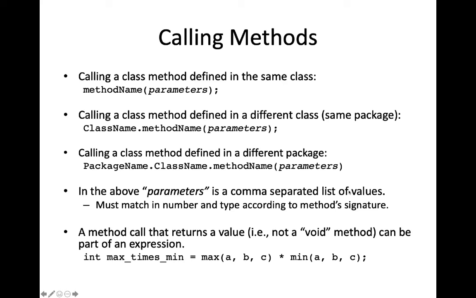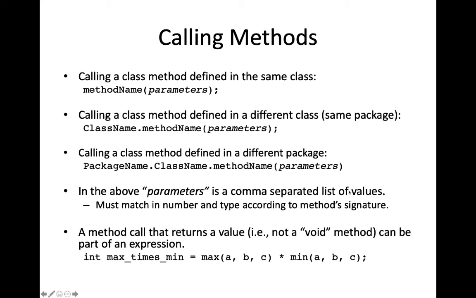So in other words, I have to say the class where that method exists, dot, then the method name, and now I can call that method, right? We've seen that with math.abs for the absolute value method in the math class. This usually only works for classes that are in the same package. Math is special, right? I'll talk about that later.